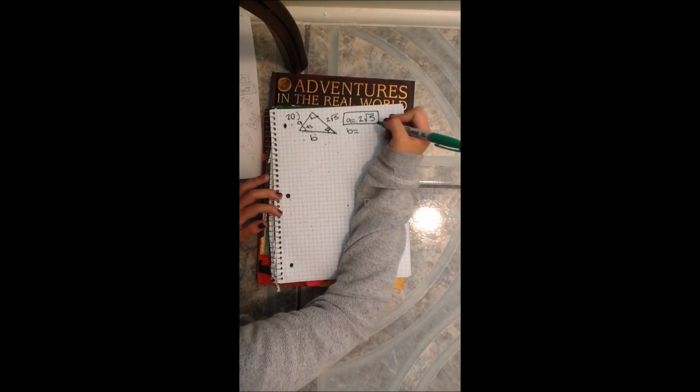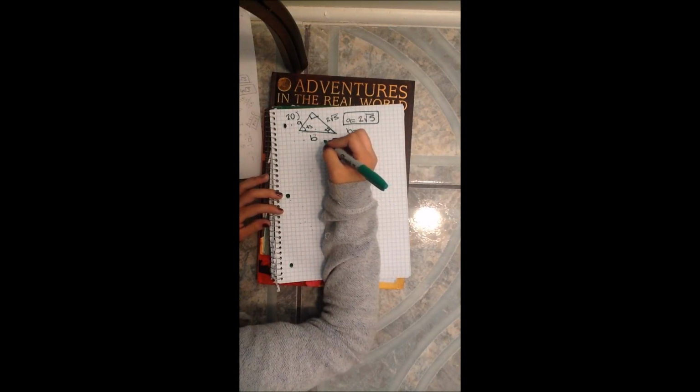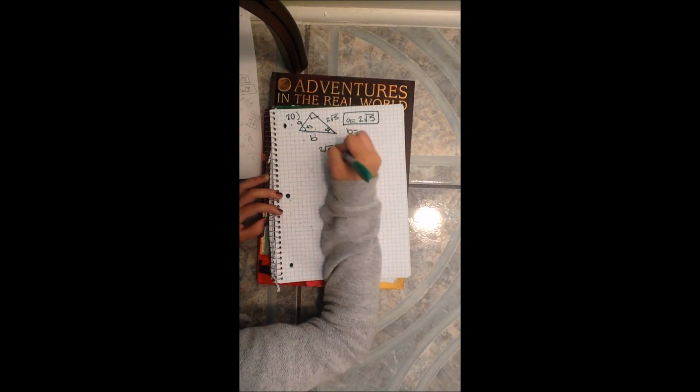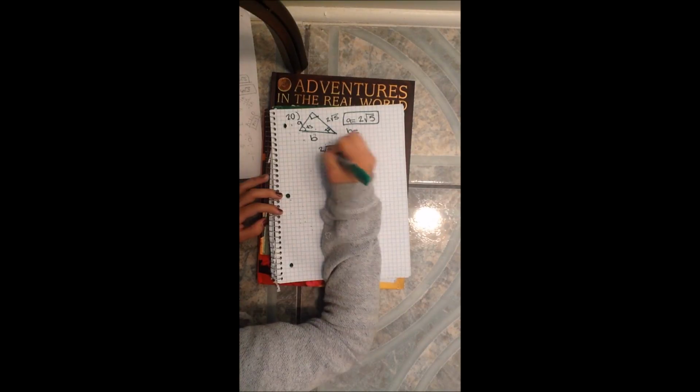And now what you do to find B is multiply times square root of 2. So 2 square root of 5 times square root of 2 equals 2 times 5 is 10, and 2 times 1 is 2.